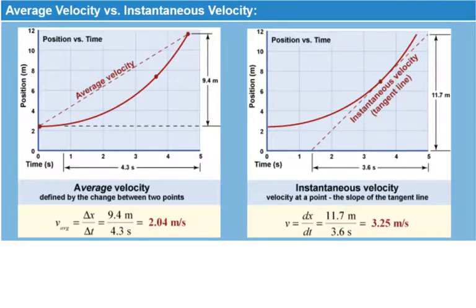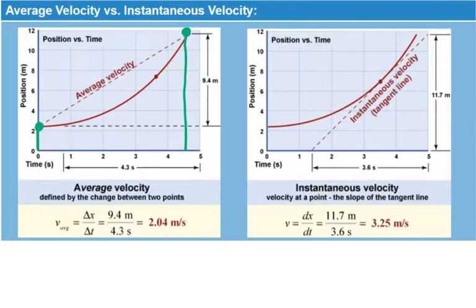So you have position over time. It looks like an object went from 2 meters to 12 meters, and it took 4.5 seconds, going from 0 seconds to 4.5 seconds. If I want to find the average velocity, I will look at the total distance traveled.